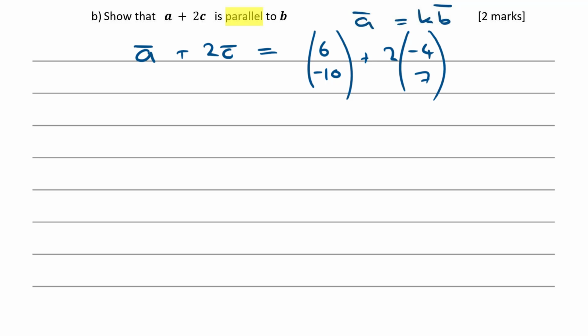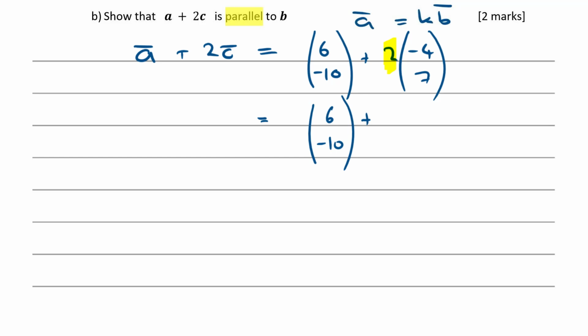This time I've got a scalar times a column vector, so both numbers in my vector get multiplied by 2. I'm going to do that one first, a bit like BIDMAS: I'm going to do multiplication before addition. So I'm going to leave vector A as it is to start with.